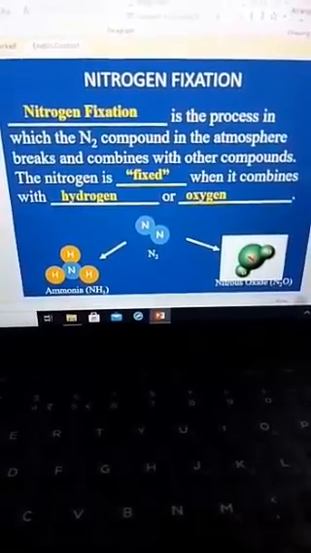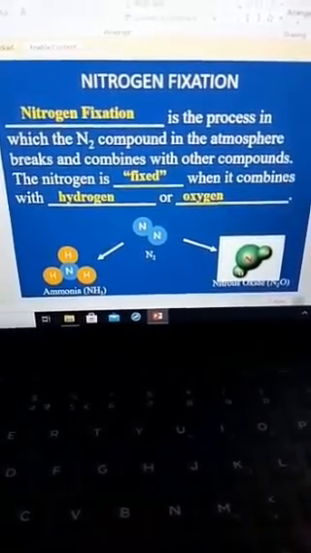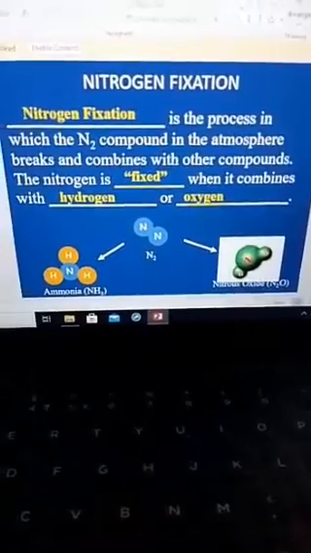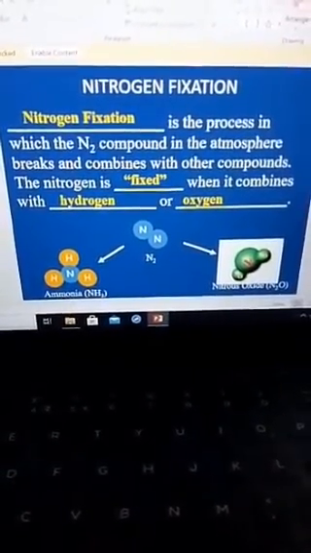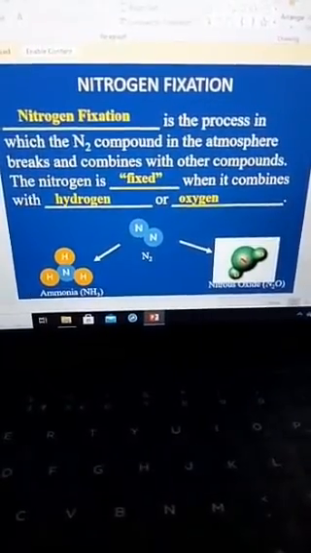Ordinarily, the nitrogen is triple covalently bonded to another nitrogen, and it is not easy to break these triple covalent bonds. Only few organisms are able to do that.